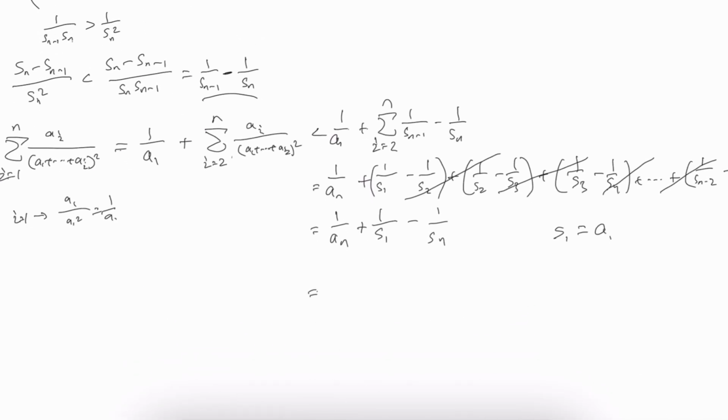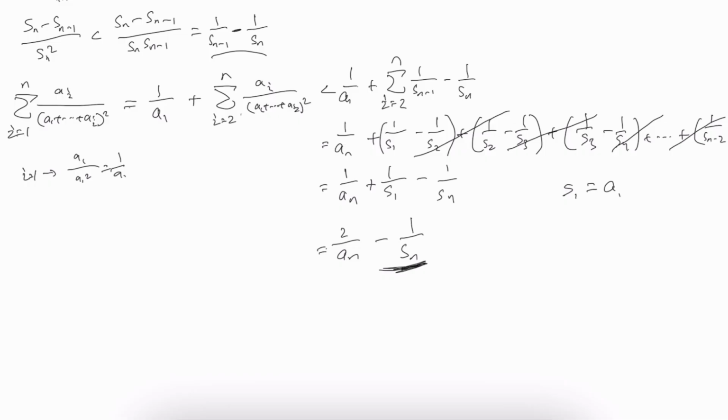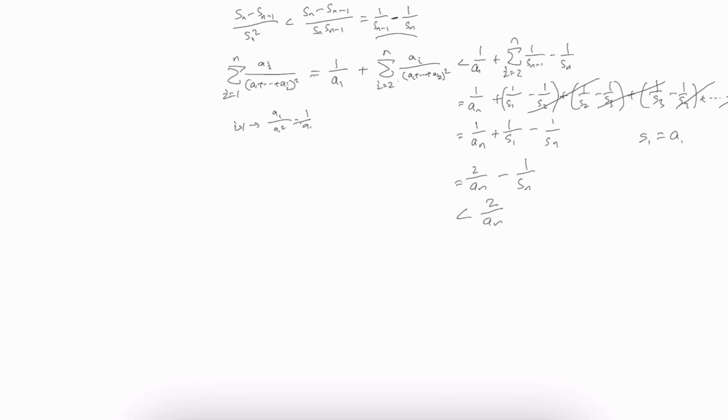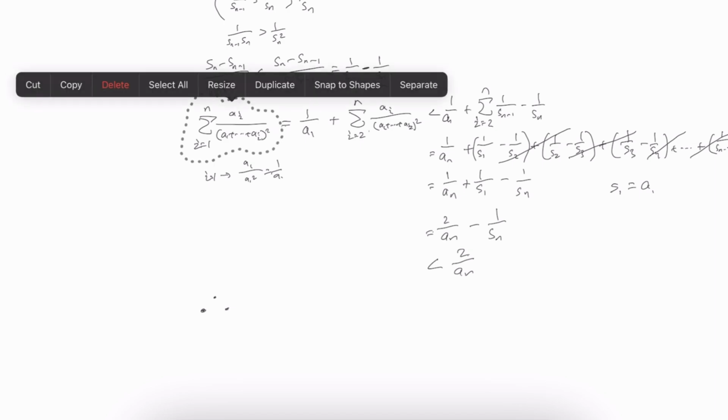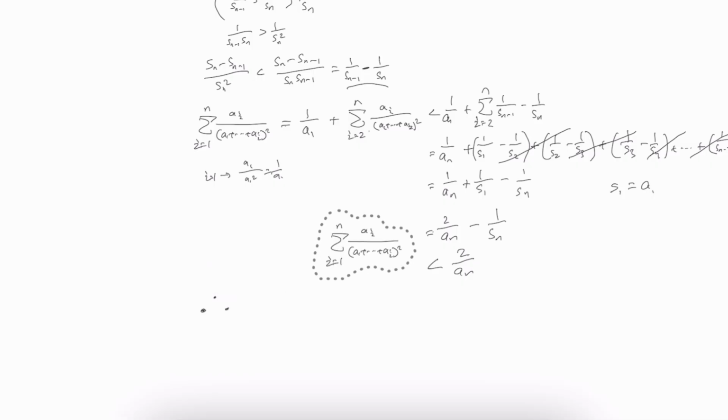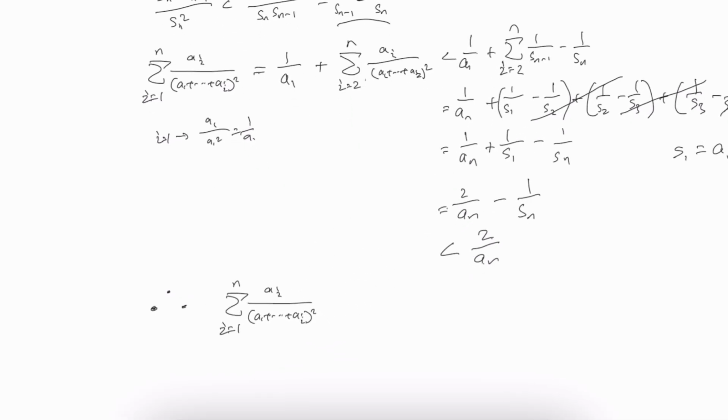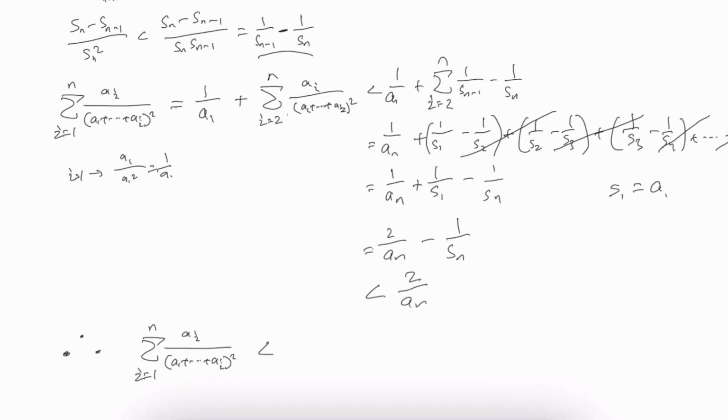So this is just 2 over a sub 1 minus 1 over s sub n, which, since 1 over s sub n is positive, is immediately upper bounded by 2 over a sub 1. And so, as a result, we have that our sum here that we're looking at is all bounded by, oh, sorry, these should all be a sub 1s.